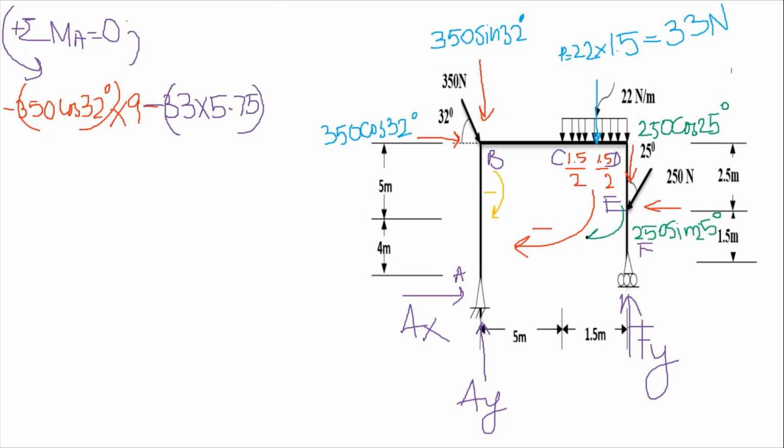When I rotate this towards A, it will be negative, minus 250 cos of 25 degree, multiplied by its horizontal distance from A to F, which is 5 plus 1.5, so 6.5.